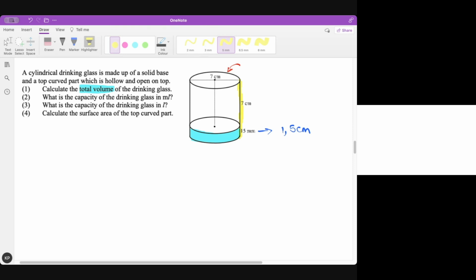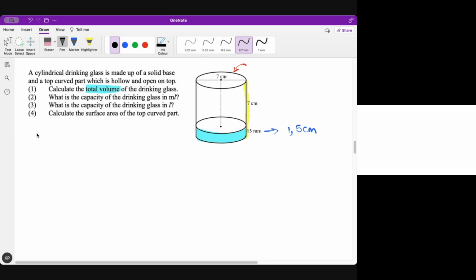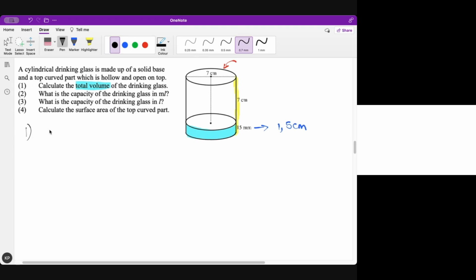So we need to figure out the actual height that we're going to use, right? And how are we going to do that, guys? How are we going to do that? Because the water can't go into the bottom part that's solid glass. Do you guys agree with me?